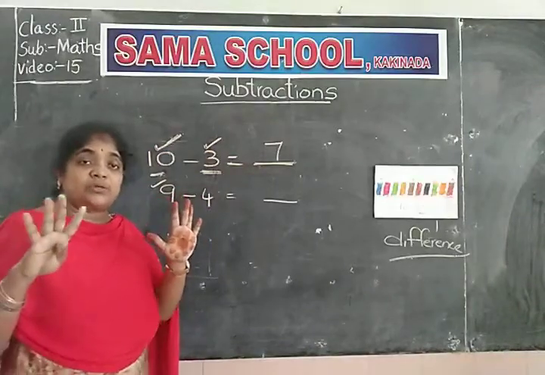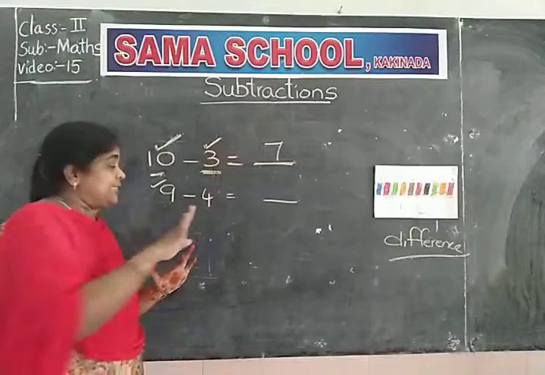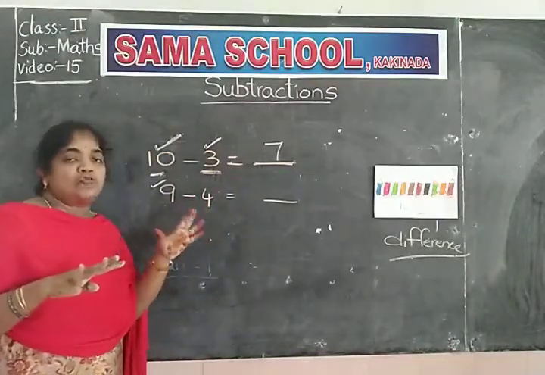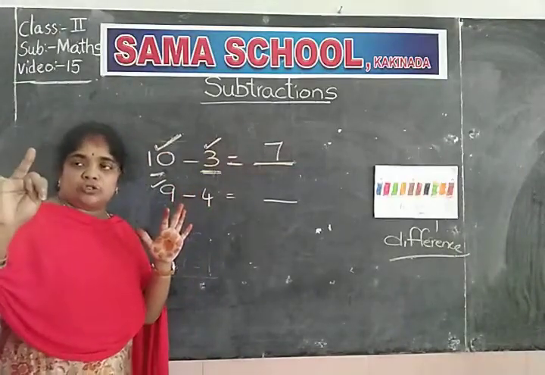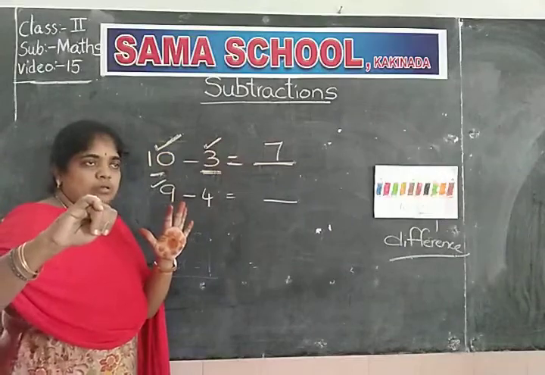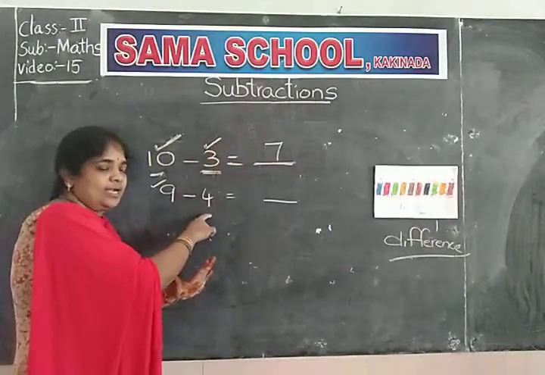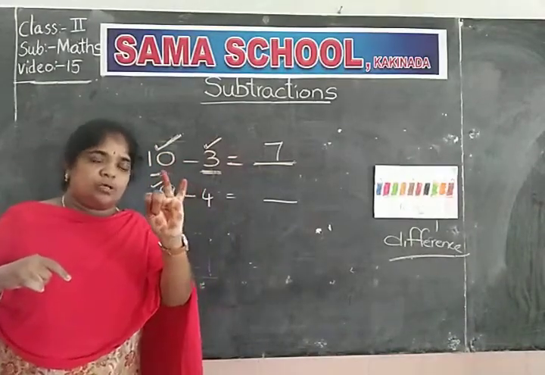How many fingers do you have to subtract or take away from 9? Yes, the second number is 4. We have to take away 4 from 9. So close 4 fingers. 1, 2, 3, 4. We subtracted 4 from 9. How many remain? 5.